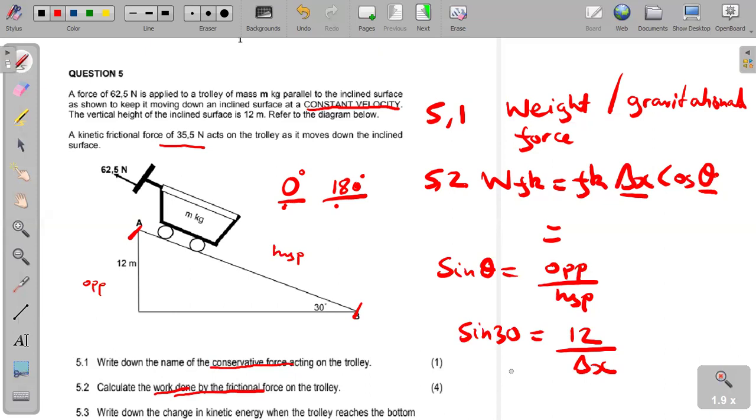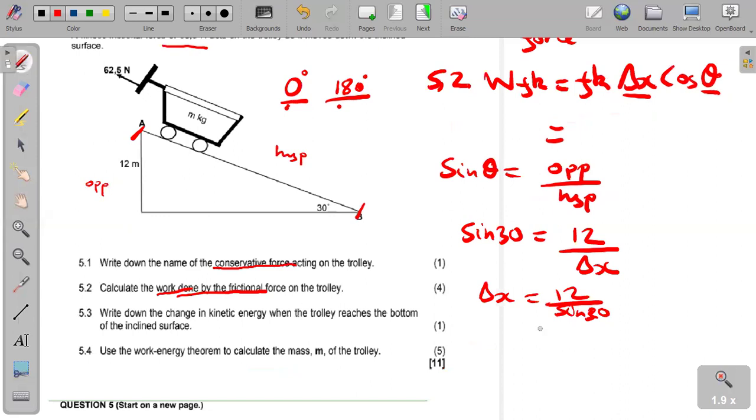Making delta x the subject, delta x equals 12 over sine 30. Calculating, 12 divided by sine 30, we end up with 24 meters. So delta x here is 24 meters.